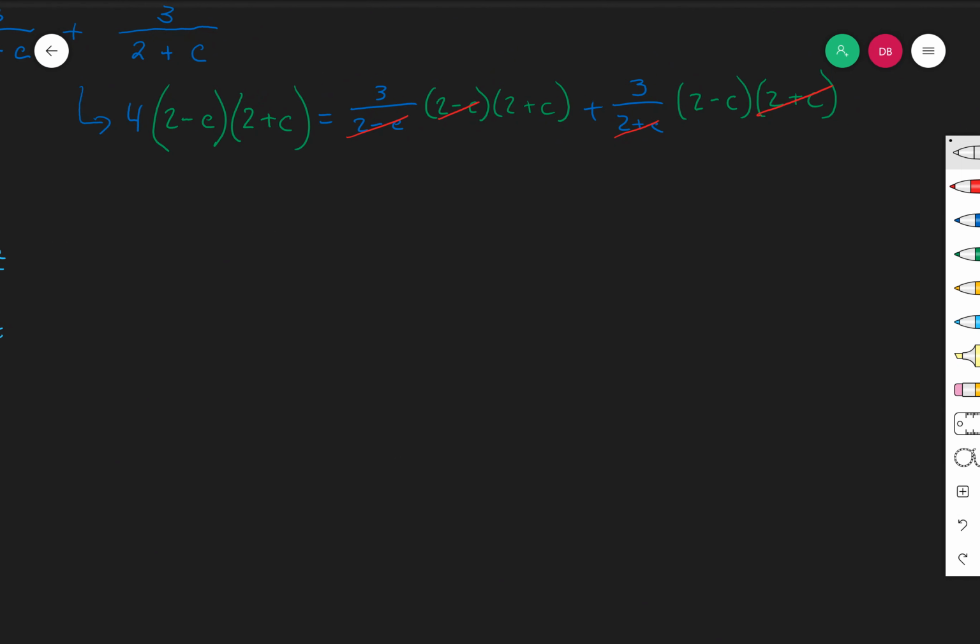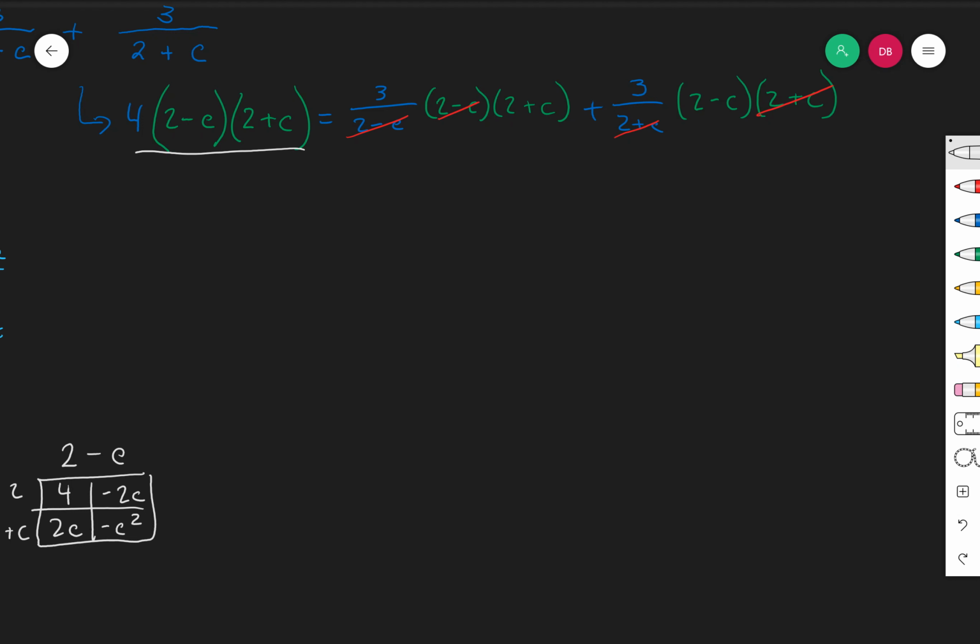So let's start with this part right here. We'll have 2 minus c, our little box, times 2 plus c. 2 times 2 is 4. This is negative 2c. This is positive 2c. And this is negative c squared.